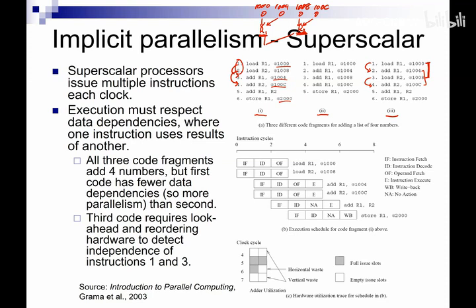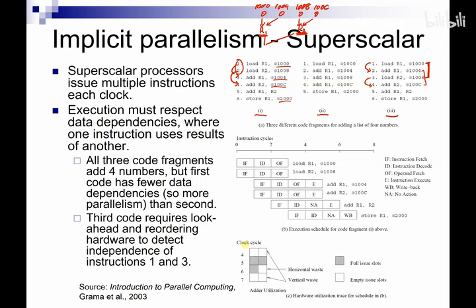Okay, and then another part about this is that when you have multiple functional units and multiple copies of those units, you want to make full use of all of those units. You don't want those units to go to waste. One way you can think about how much you're making use of those units is through a diagram of this sort.